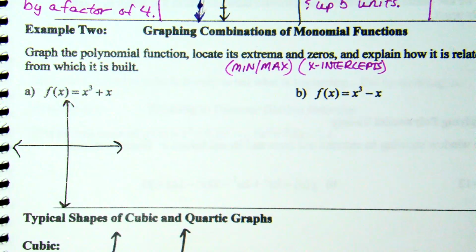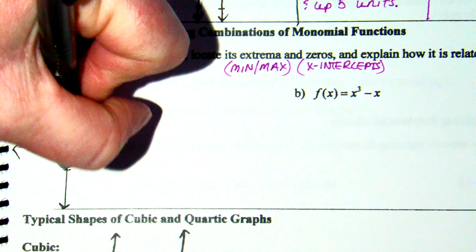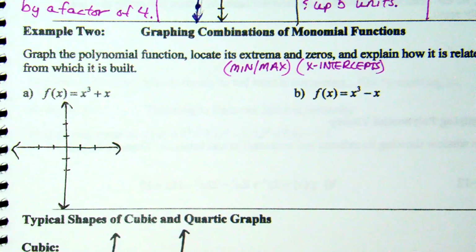Because the minus x is almost the same too. Okay, and hold on, we'll talk about the minus x in a moment. Let's just talk about this one. So if we're graphing this, if I plug in 0 here, 0 to the third plus 0 is 0. So I'd have the ordered pair 0, 0.